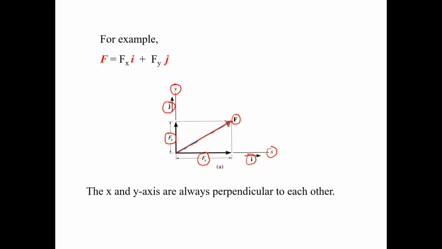So how do we write this resolution of force vector F? We write it in this fashion: F equals Fx times i plus Fy times j.